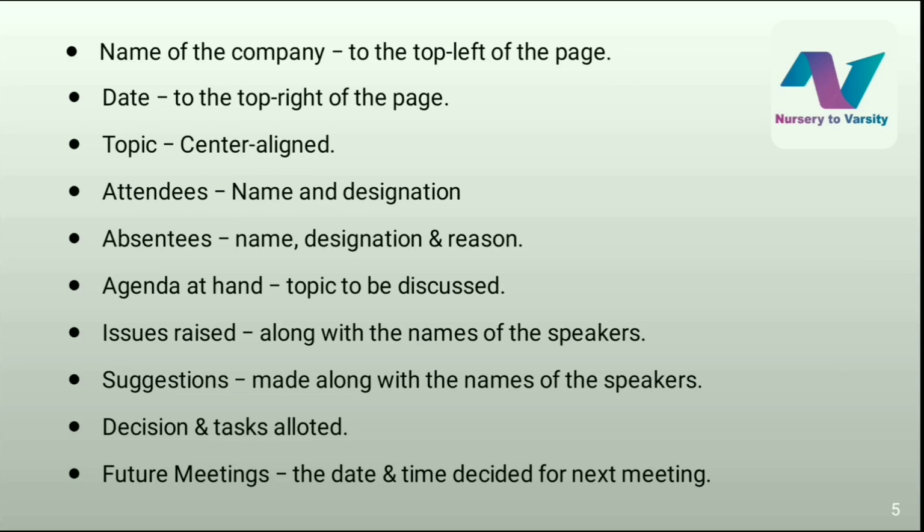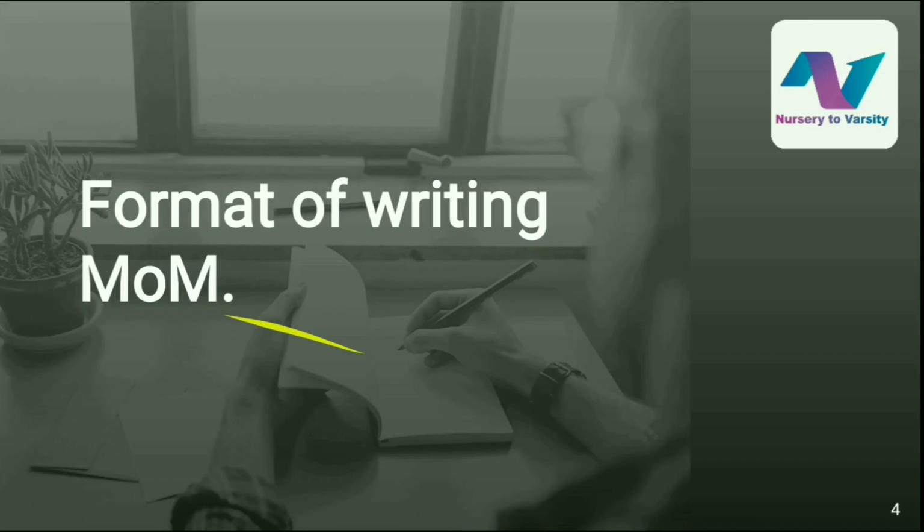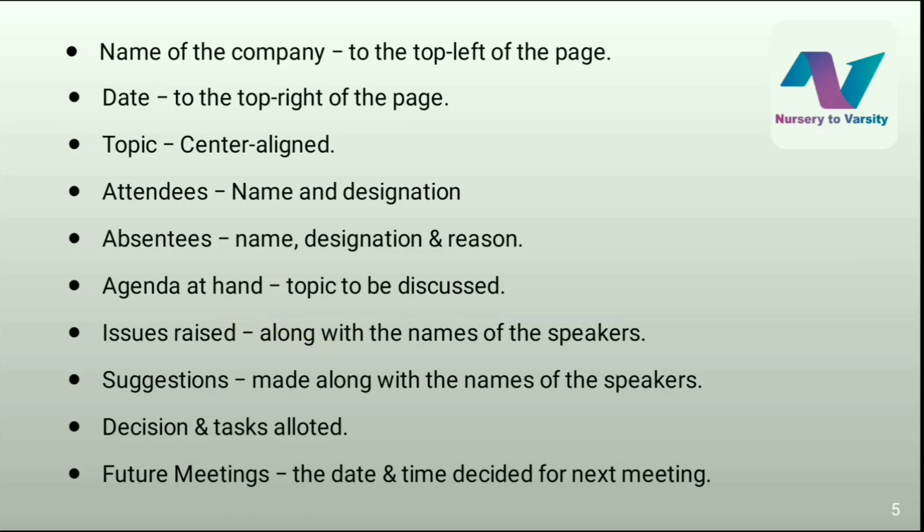I hope you understood the proper format of writing MOM, and I think these three reasons which I told you in the starting have been clarified more clearly after seeing the format. That is, the purpose: the absentees should know, and also to keep track.